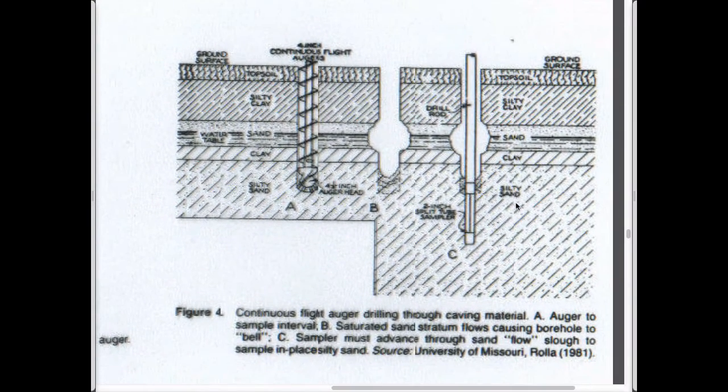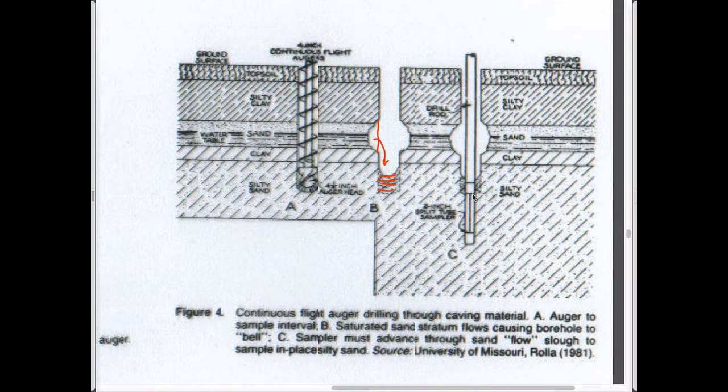The negative thing about this is that things like clays are quite stiff and they'll stand open and keep the hole open themselves. But materials that are quite heavily laden with water and not very cohesive, like sands or silts, will tend to wash into the hole once you pull out the auger stem. And if you do that, the possibility exists for this material that previously existed on the side of the hole to slough into the hole.